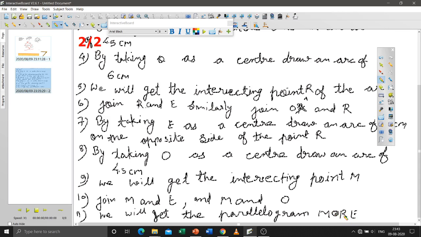So these are the steps of construction. First of all, we'll draw the diagonal. After that, according to the rough diagram, we will draw the parallelogram MORE, drawing arcs according to each side. So in this way, we'll construct the parallelogram MORE.